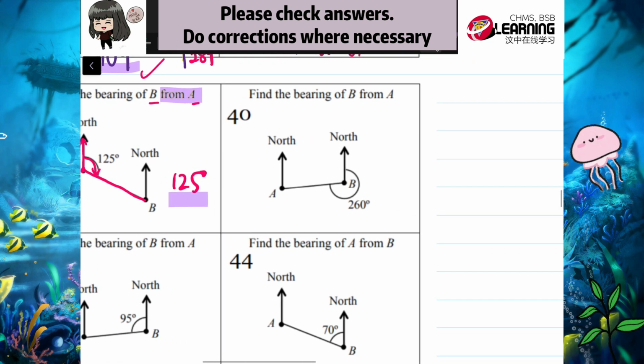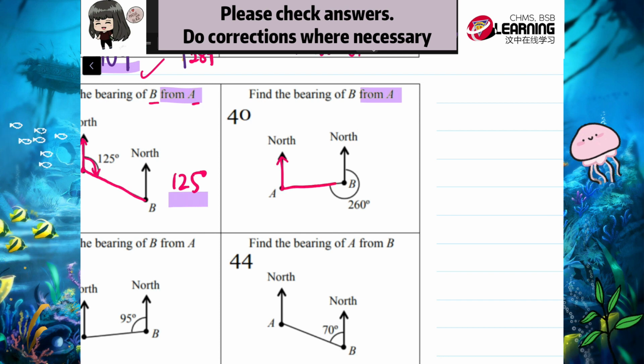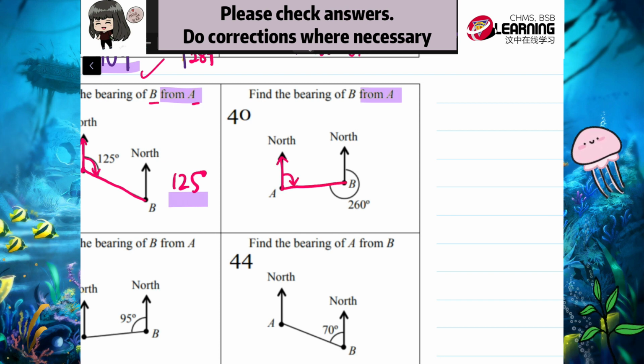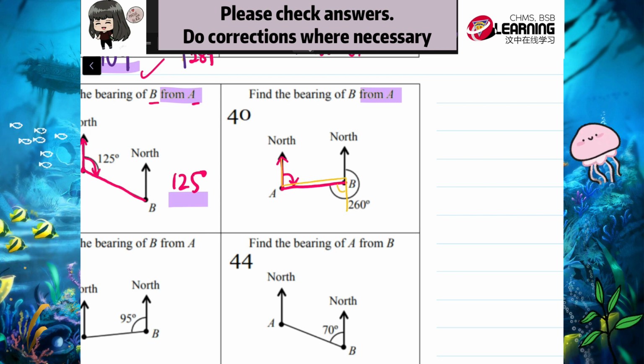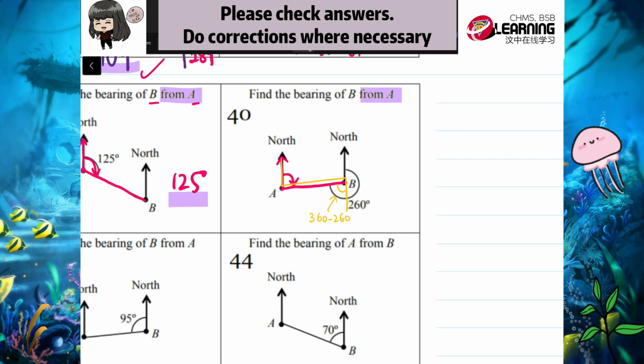Okay, so question 40, bearing of B from A. Okay, so from A north and then connecting line is here. So this is the bearing that you're gonna find, and then you form a Z. Okay, Z here. So to find this one is 360 minus 260.